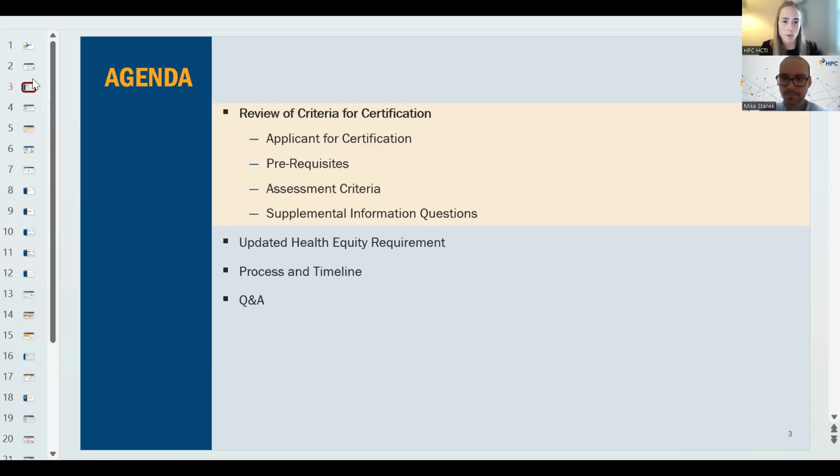Once we've spent some time reviewing the application criteria, I'll turn it over to Mike to walk us through the updated health equity requirement. Then we'll end with an overview of this year's application process and timeline, and I'll open up the virtual floor to answer any questions that you might have.